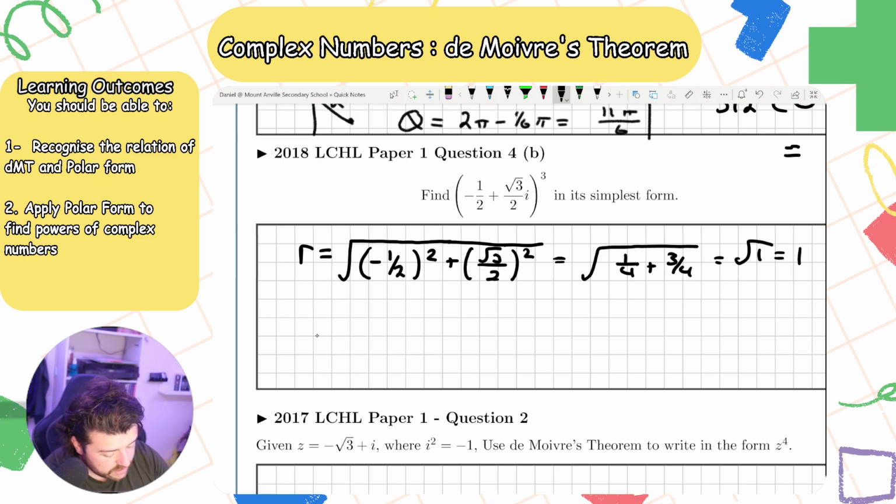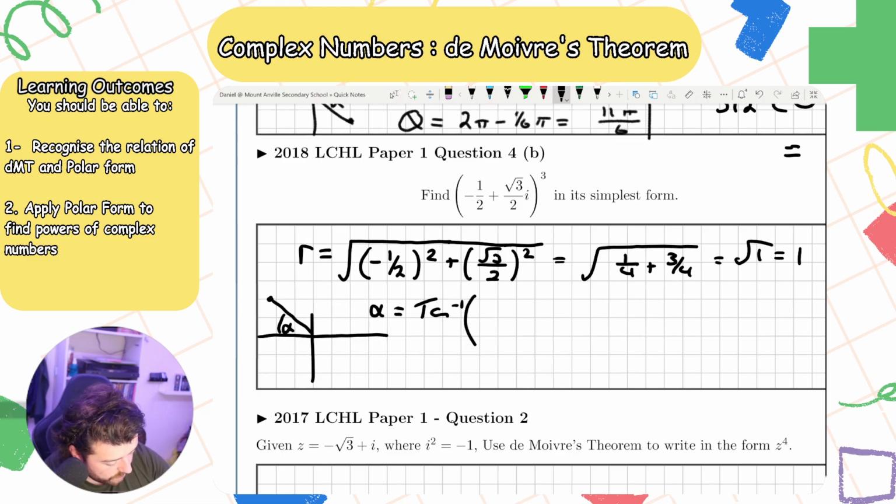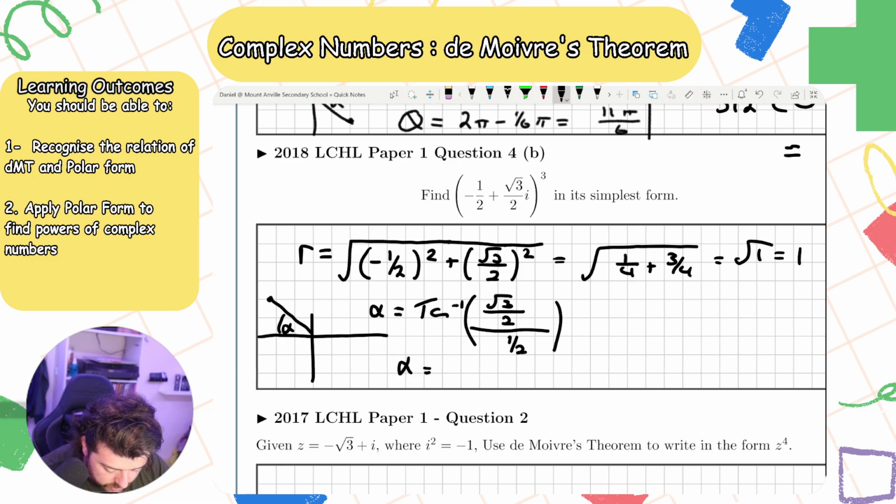My argument then is going to be, plot it out, so it's minus plus, so it's in the second quadrant. So theta is going to be equal to tan inverse of root 3 over 2 divided by minus a half, but we want it all to be positive, so I'm just going to divide by a half, and that is going to be tan inverse root 3, which is going to be 1/3 pi.